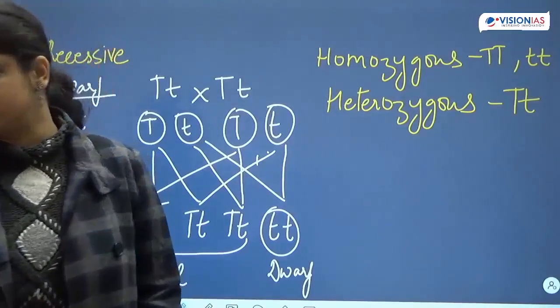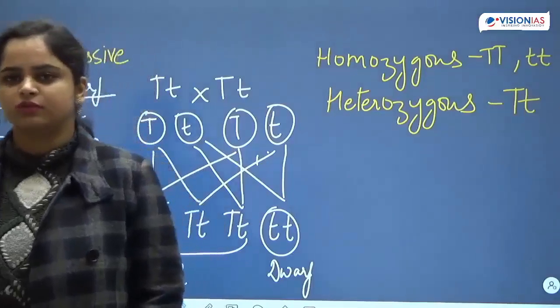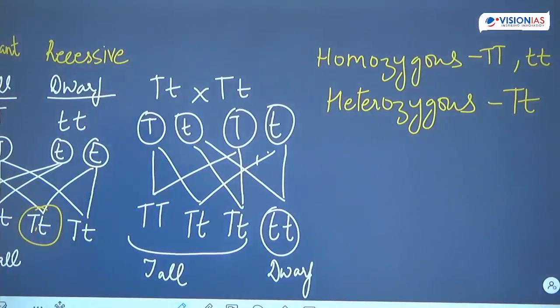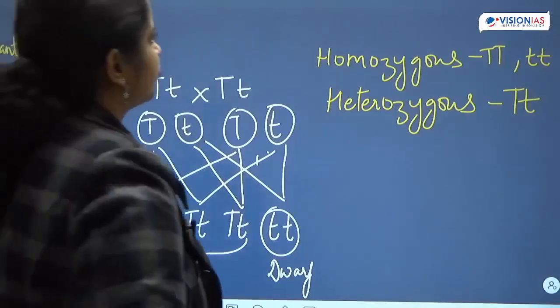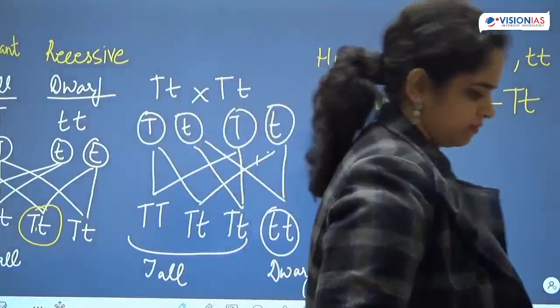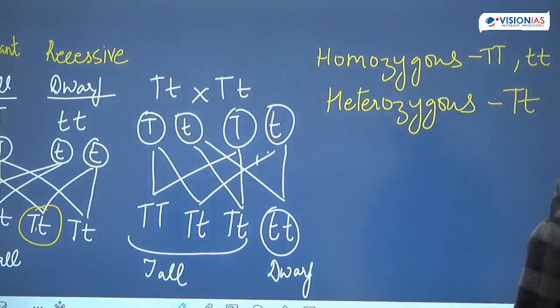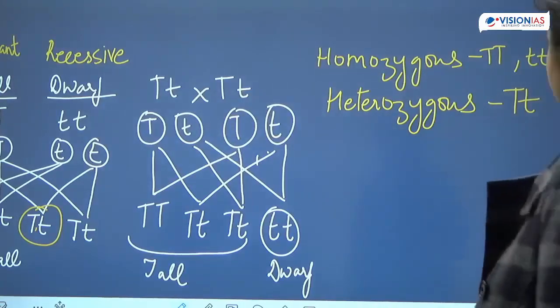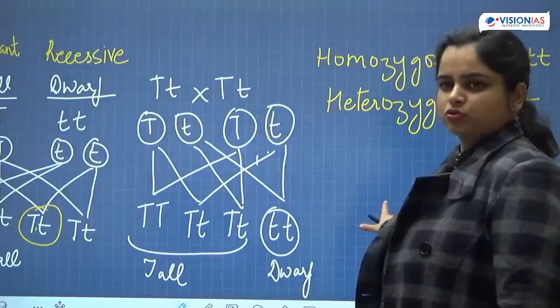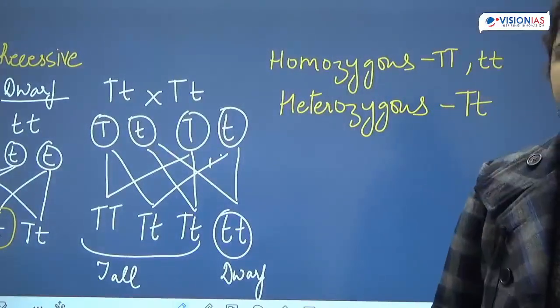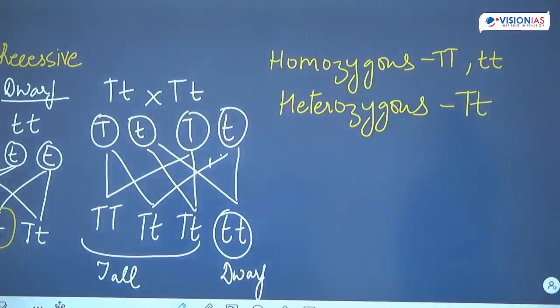Write down homozygous: when both the genes are same, and heterozygous when both the genes are different. Write these examples also. Capital T, capital T, small t, small t, and capital T and small t.